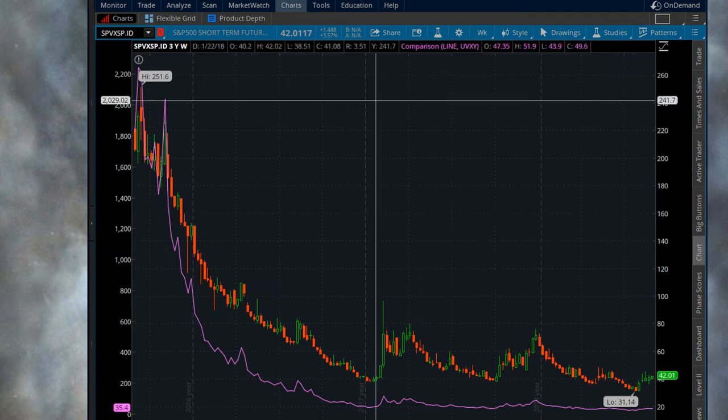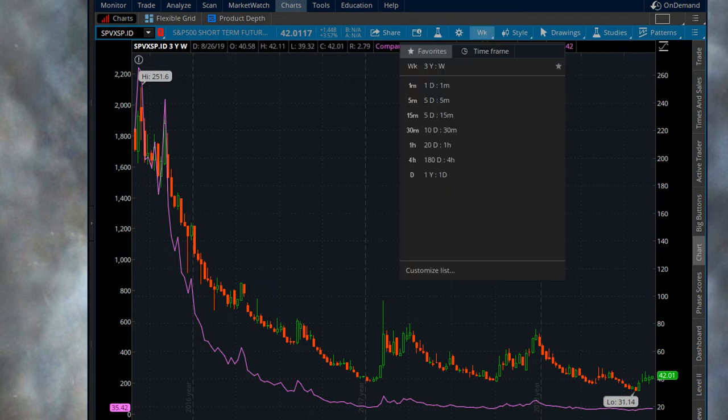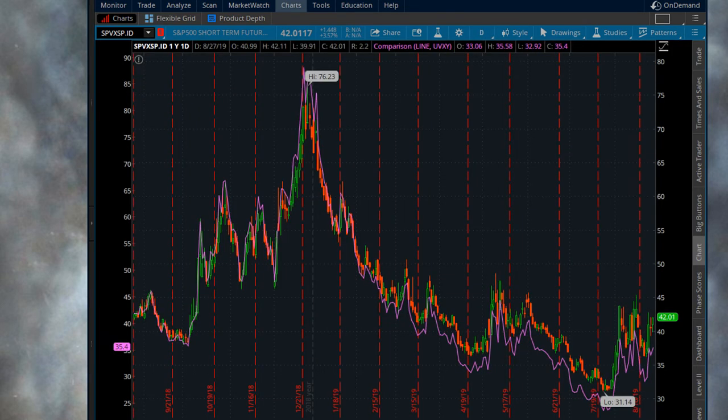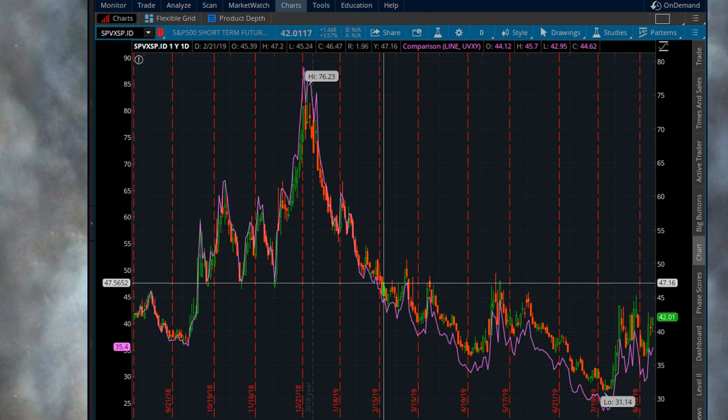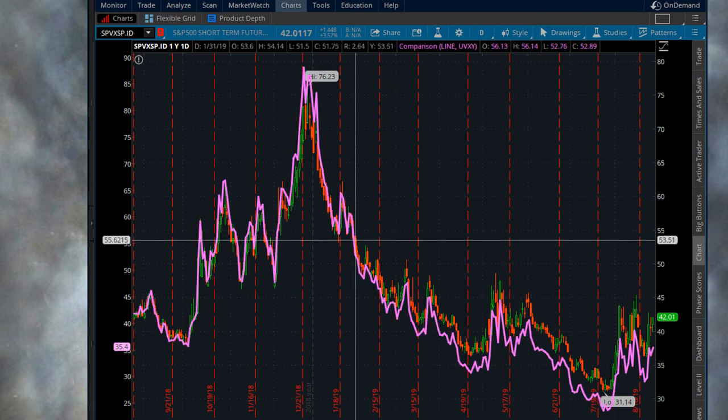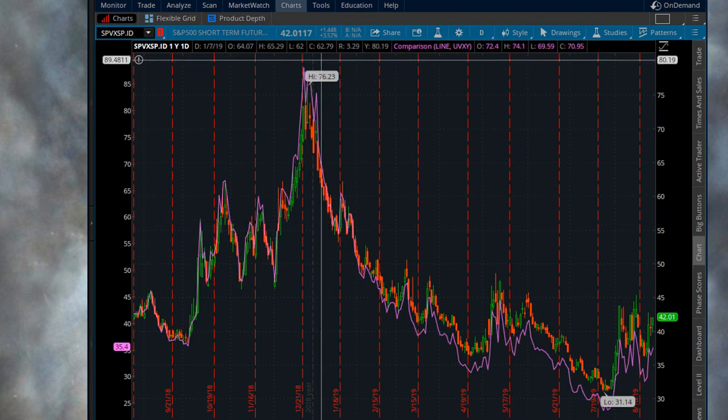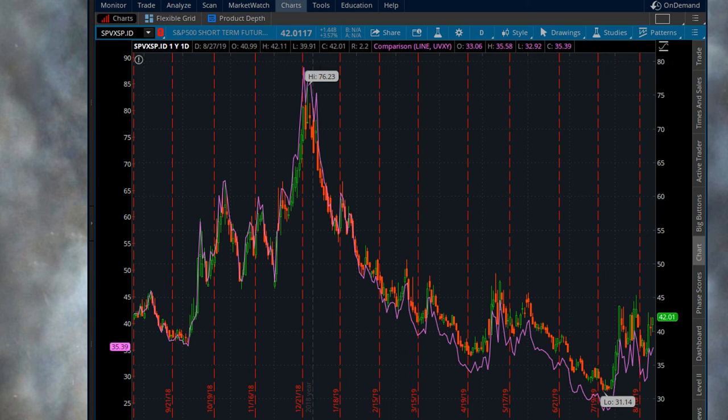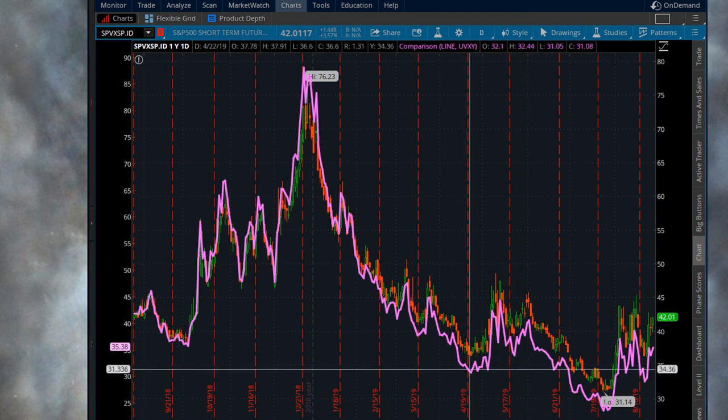Okay, and you're going to see, let's go to a different time period here. Let's go to 1 year. And you're going to see part of this is due to the leverage, right? So when we get a big up move, UVXY actually is going to perform slightly better than the index. But you're seeing over time, it's starting to lag more and more.